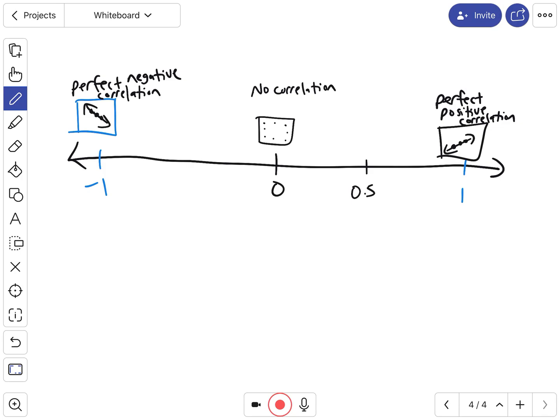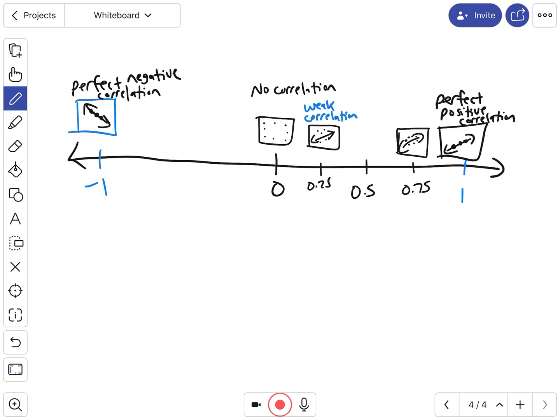So you can imagine, here, where it's maybe 0.25, it's a positive slope, and the points are kind of far, kind of near. And as you go closer to 0.75, the points are getting closer and closer to that line. So this, you can imagine, would be called a weak positive correlation.